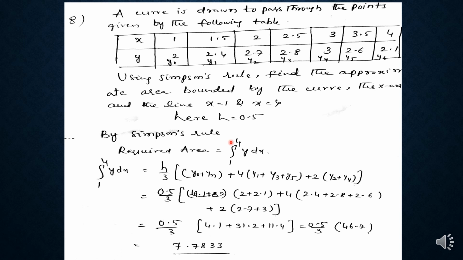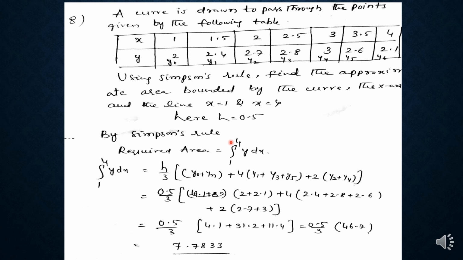If the integrand is a function of a single variable, then this process is known as quadrature. In numerical integration we learned two methods: one by using the trapezoidal rule and the second by using Simpson's rule.